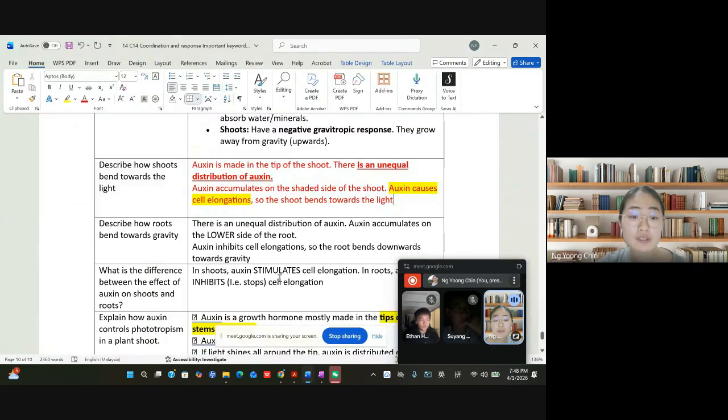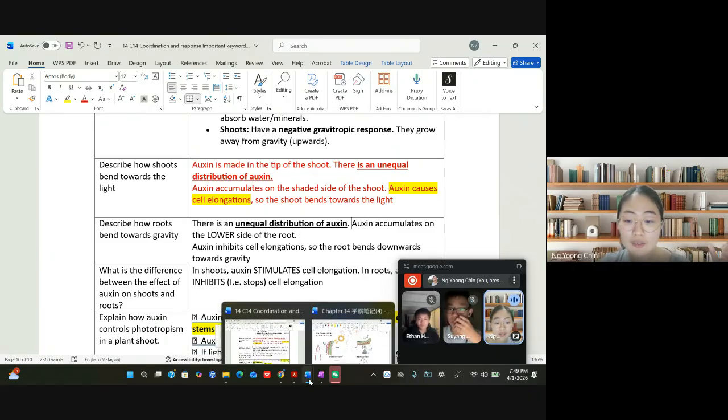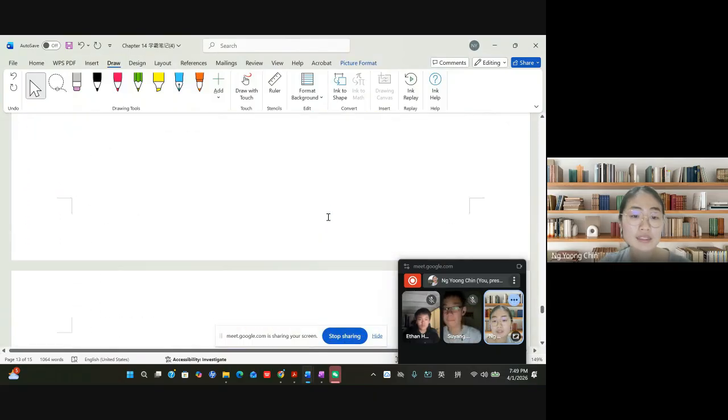But how about in the roots? Also, in the roots there's an unequal distribution of auxins. So this is one of the points you should write: unequal distribution of auxins. So auxin will accumulate on the lower side of the roots. Why the lower side? Because it refers to here, the root part.